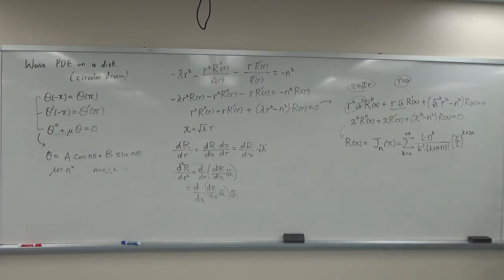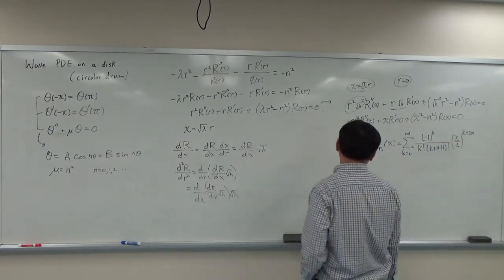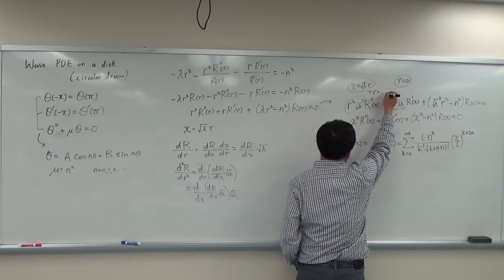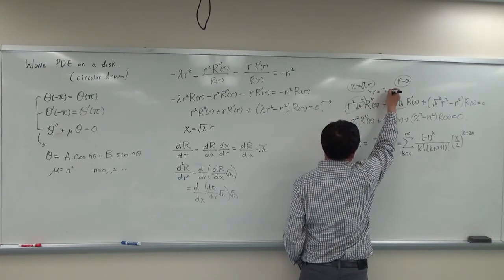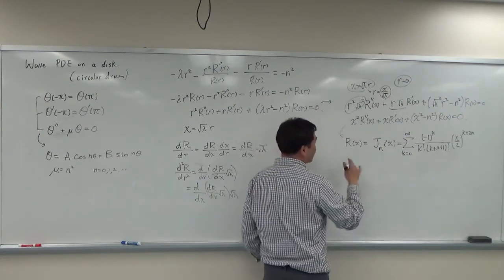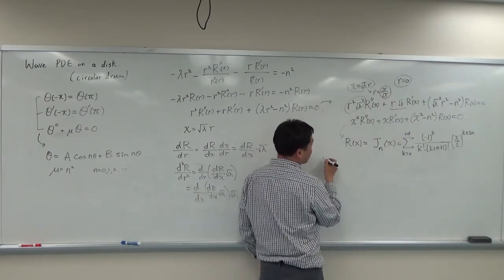And if you want to go back to r, what you have to do is solve for r. x is square root of lambda times r, so you have to put that in there, and then you get J_n.